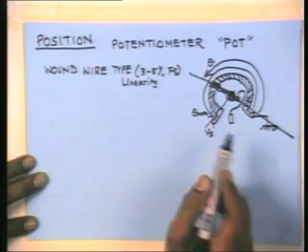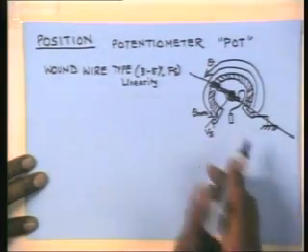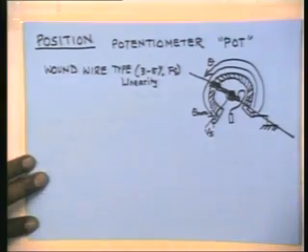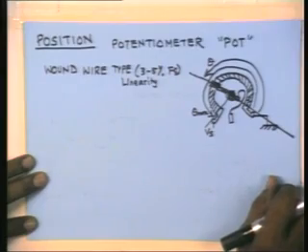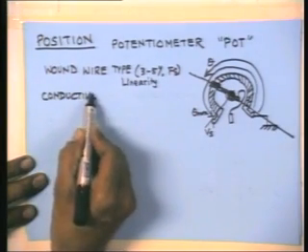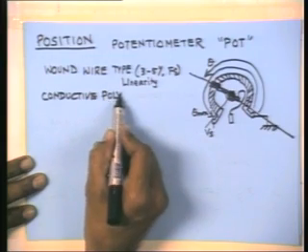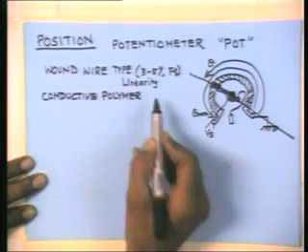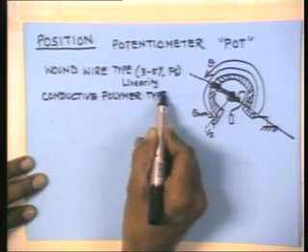Now 3 to 5% of full scale, supposing the motion of the arm is 200 degrees of some joint, then 5% is quite a lot. It's 10 degrees. It's quite unacceptable. So one has to get better potentiometers, and conductive polymer types are much better.